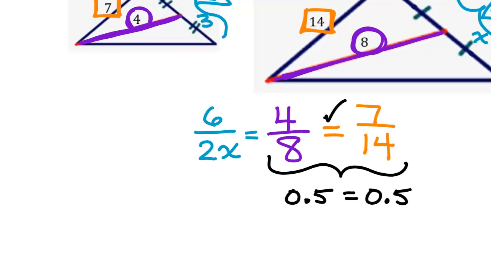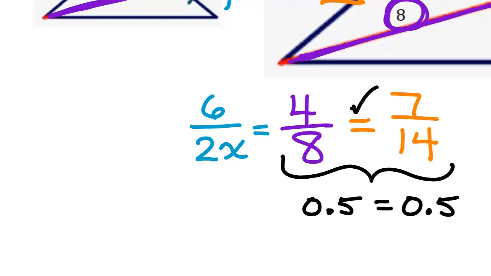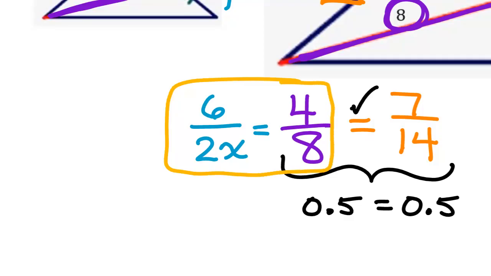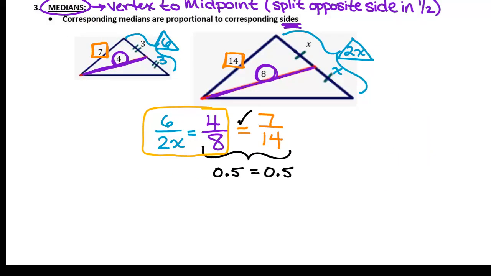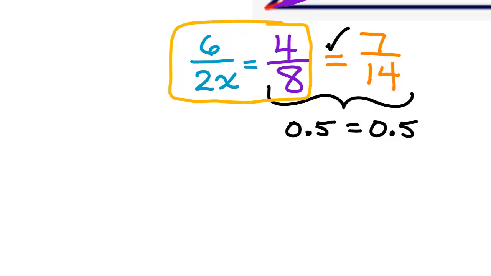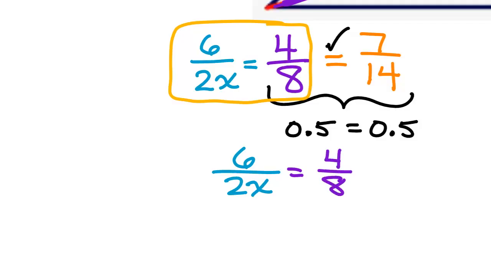These are proportional. Why don't we use these two to set up and solve for x right here? So 6 over 2x equals 4 over 8. And now let's solve this.